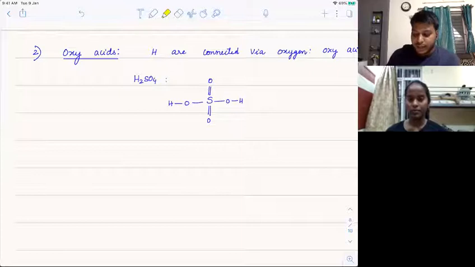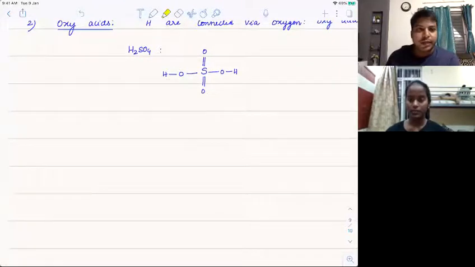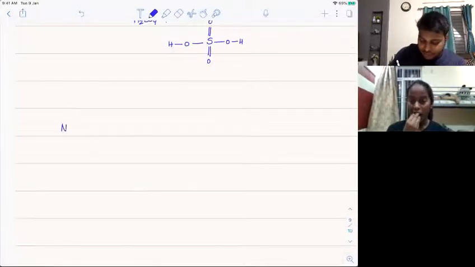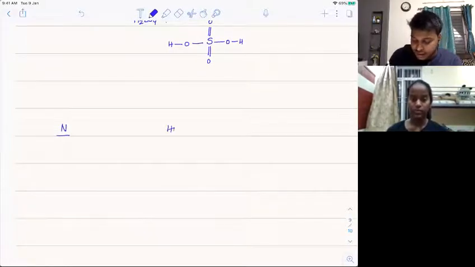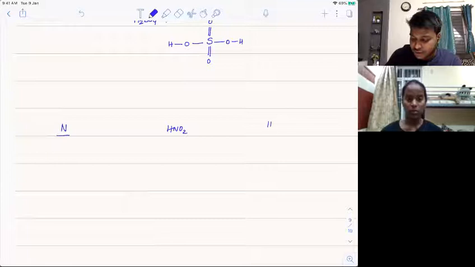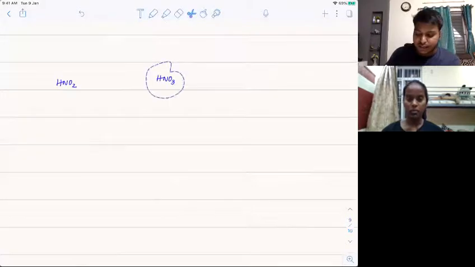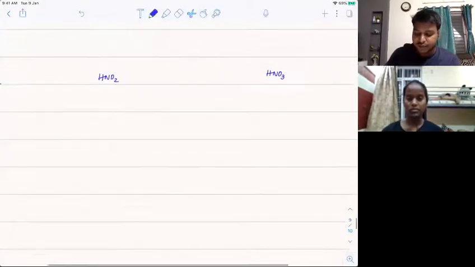So now every element has a different set of acids. First we will talk about nitrogen. Nitrogen has two oxyacids mainly. One is HNO2, the other one is HNO3. You will be learning about structure slowly as you go to the higher classes, but as of now I'll give the structure myself.